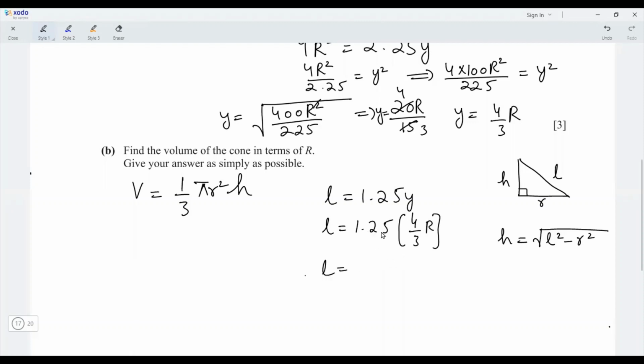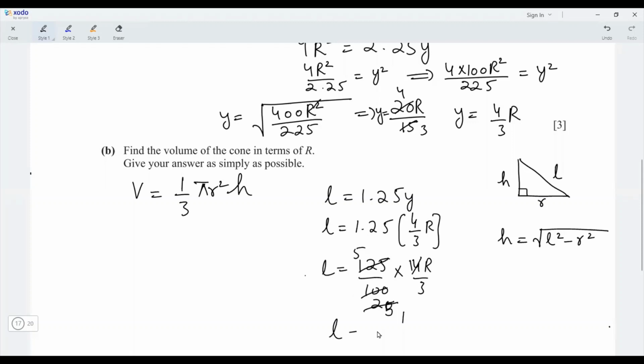So converting this decimal into a fraction, it is 125 by 100 times 4R divided by 3. The 1 will be cut with 100. For 25, 25 times 1 is 25, and 25 times 5 is 125.